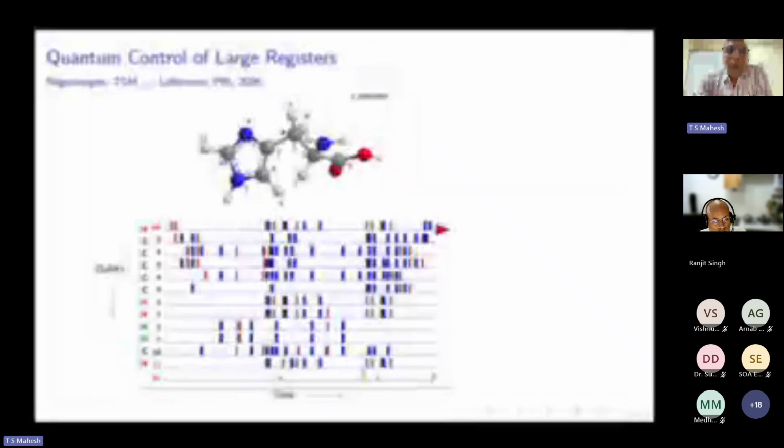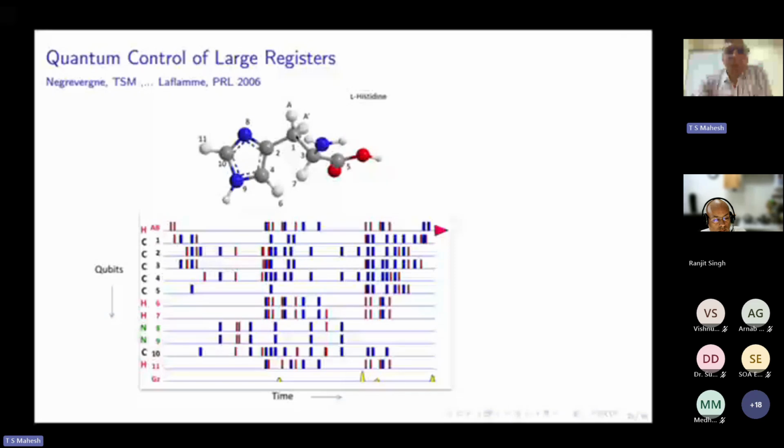Instead of taking a spin half nucleus, nuclear spins can come in any spin, half integral or integral, and so on. For example, if you take lithium 7 atom, its nucleus is spin 3/2.